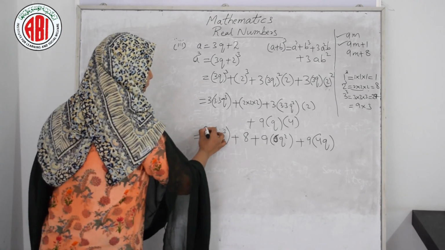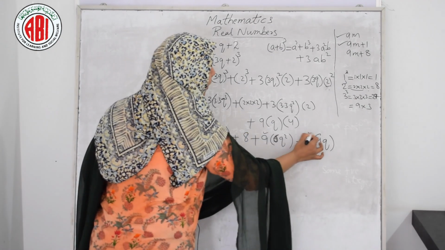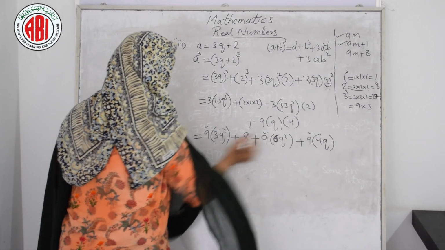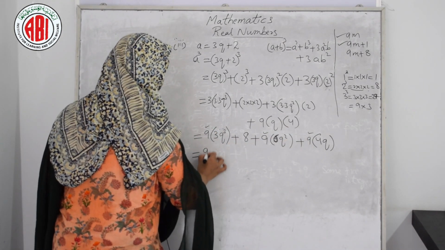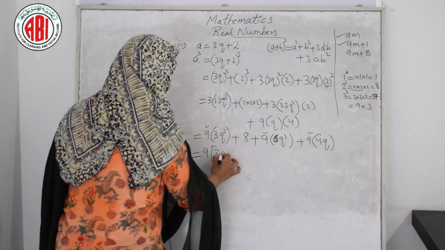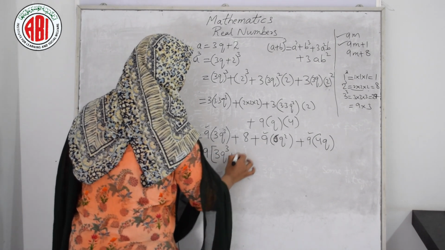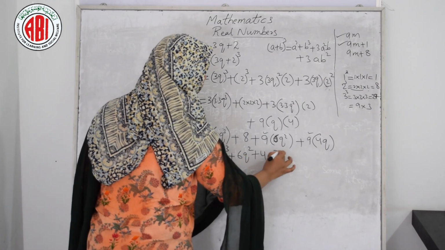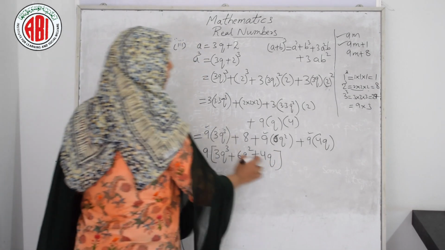Now can you see this, 9 is here, 9 is here and 9 is here. 8 you have to write separately. In these 3 terms we can take 9 common: 9 into (3q cube plus 6q square plus 4q), these 3 terms, plus 8.